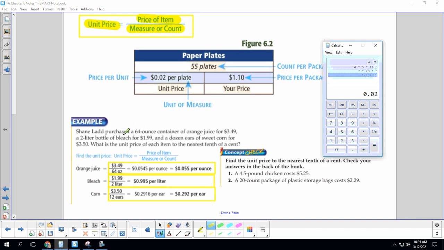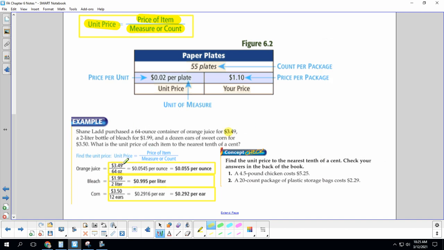So the first one we're going to do is take $3.49 and divide that by 64. I always say it like this: money is on the top. Money goes first in the calculator. Money is the king of our consumer math class, so he goes in first. He's always on top. So $3.49 divided by 64.